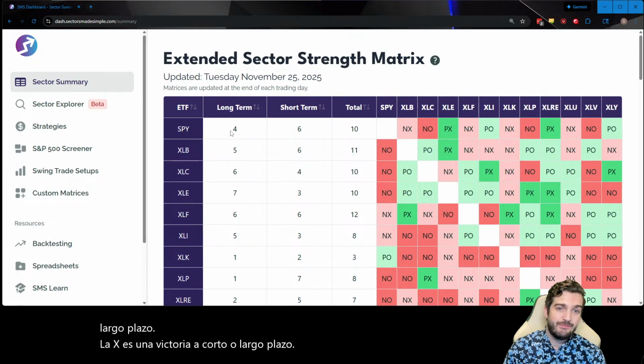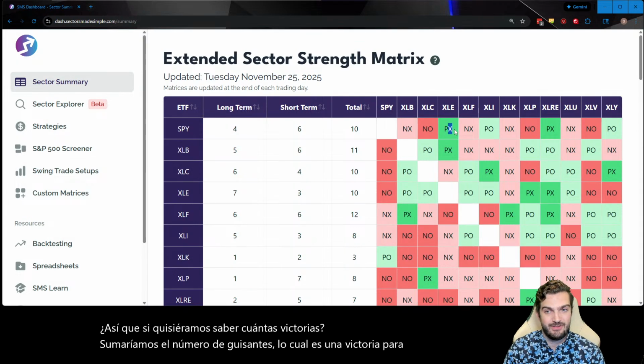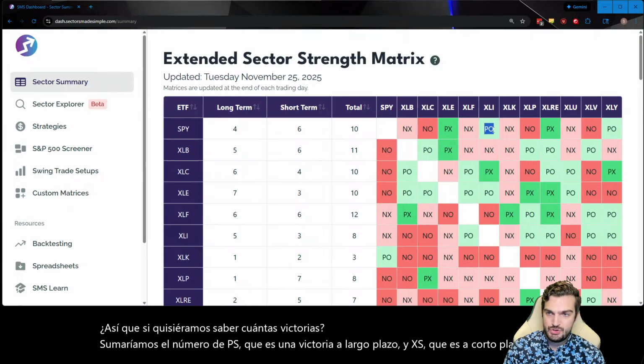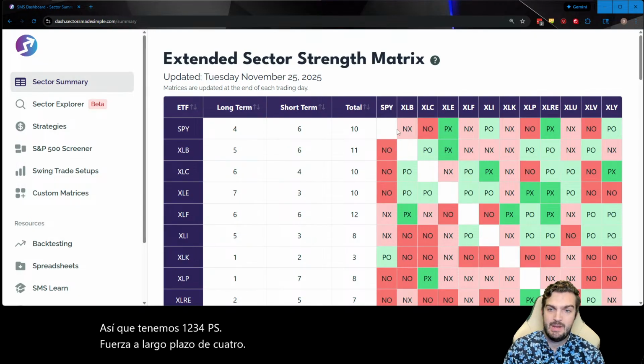So if we wanted to figure out how many wins SPY has, we would add up the number of Ps, which is a win for long-term, and Xs, which is short-term. So we have 1, 2, 3, 4 Ps, long-term strength of 4. And we have 1, 2, 3, 4, 5, 6 short-term.